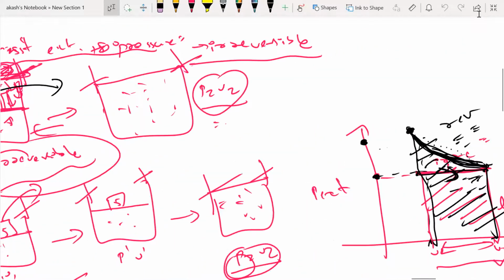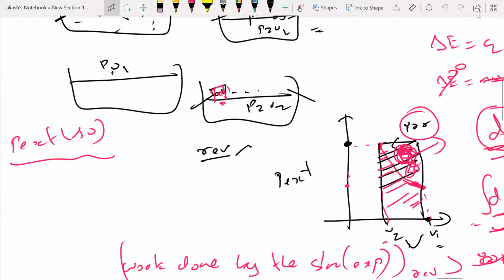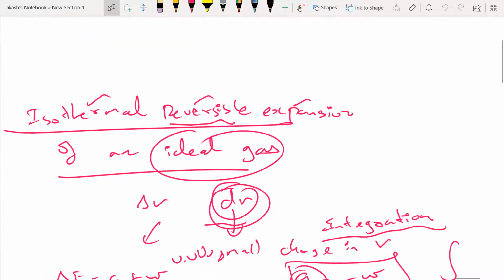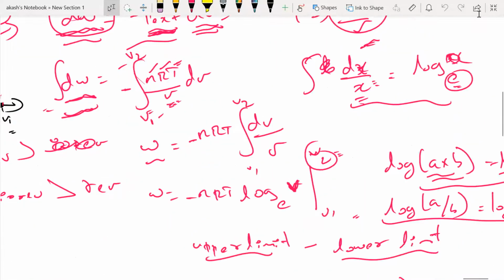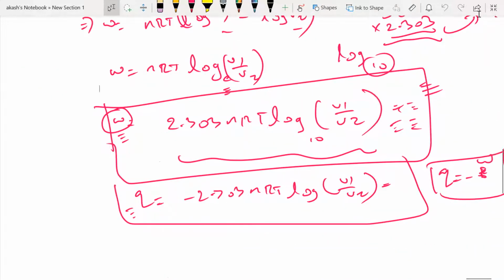If you can remember, we saw the form of graphs, what exactly is the situation, all these things, and then we did a derivation. We went for this exclusive thing called isothermal reversible expansion of an ideal gas. Right? We saw that. Now it is only for reversible expansion, and only for an isothermal process. This particular equation, W is equal to 2.303 RT log of V1 by V2, initial volume by final volume.